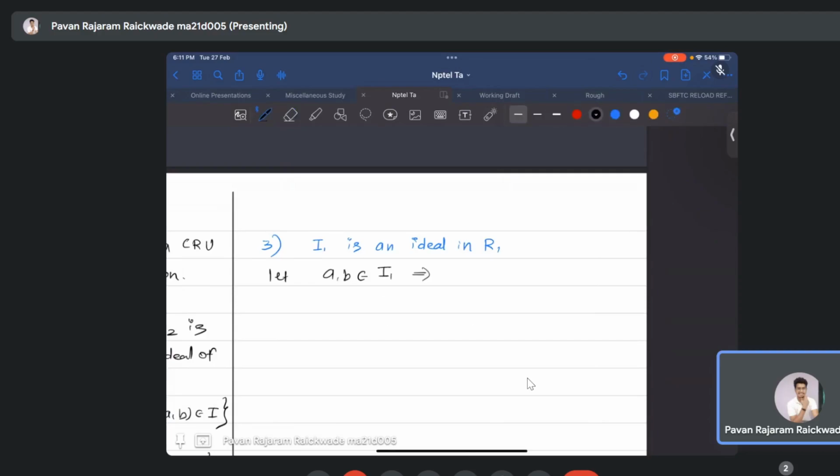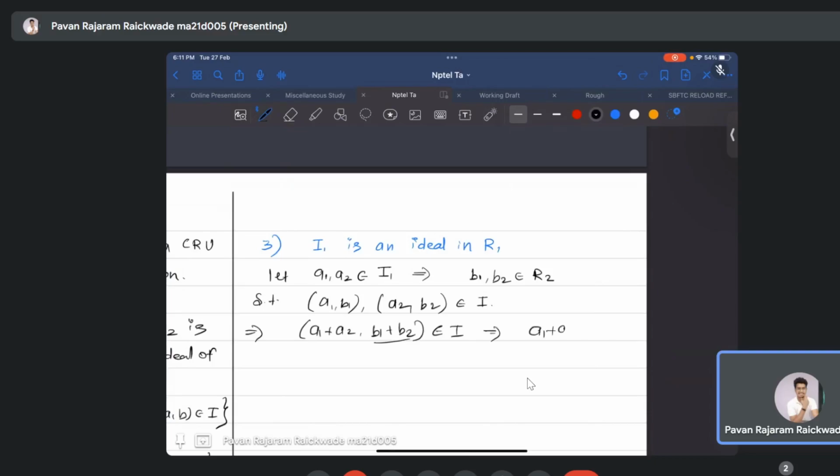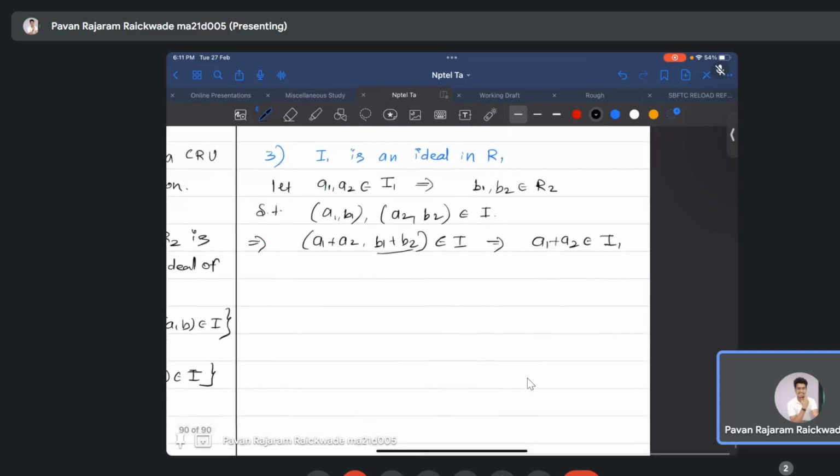So this implies there exist elements B1, B2 belonging to R2 such that (A1, B1) and (A2, B2), these two elements, belong to I by definition of I1. But what does this imply? This implies (A1 plus A2, B1 plus B2) belongs to I. R is a ring and this element is in R. So by definition A1 plus A2 belongs to I1. So it is clear that I1 is closed under addition.